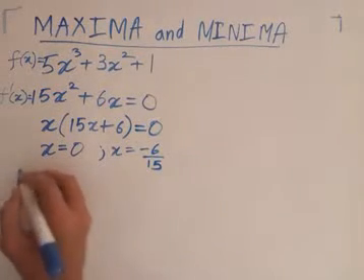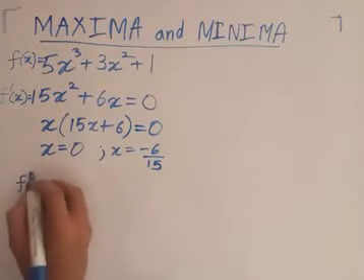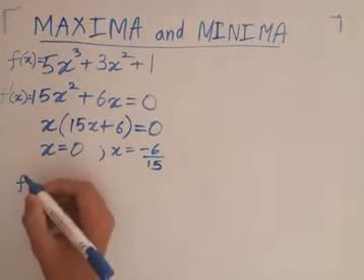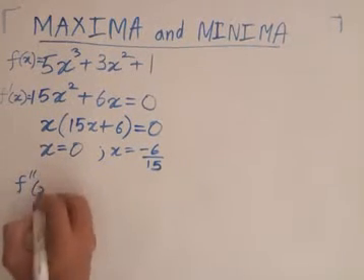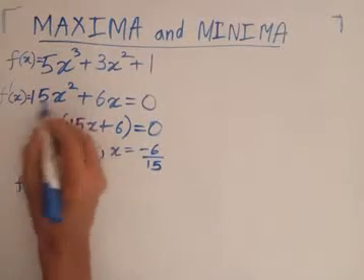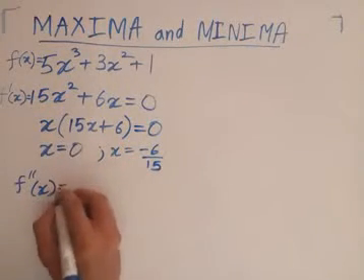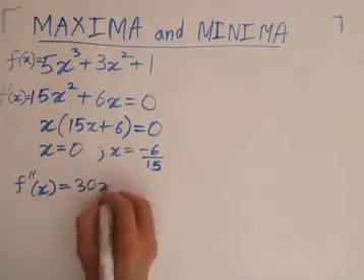Now I'll go ahead and find the second derivative of the function, because I want to be able to tell the difference between the points which are maxima and minima. So the second derivative is just the derivative of the first derivative. So I have 30x plus 6.